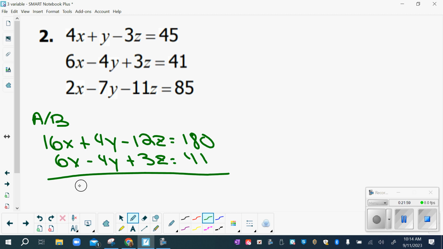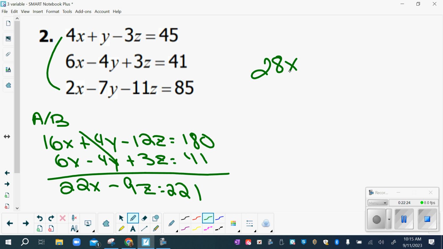No. 22x minus 9z equals 121. 221. That was right? 28x plus 7y minus 21z equals 7 times 45.